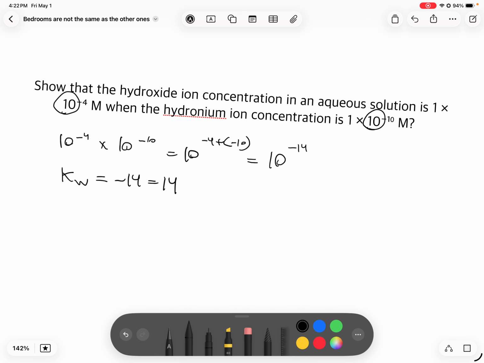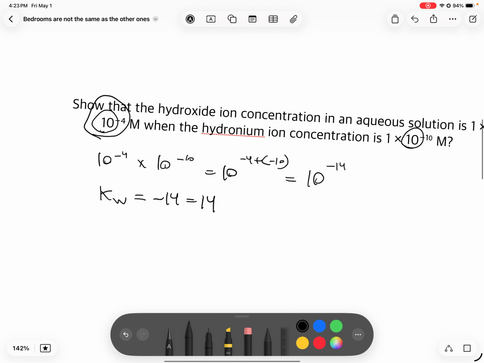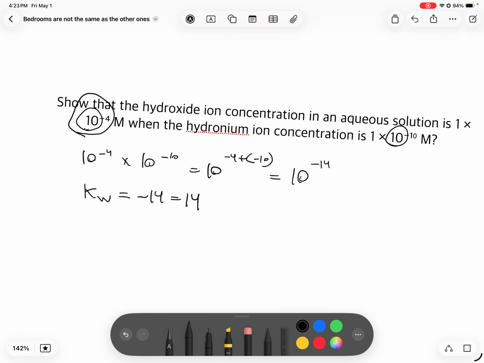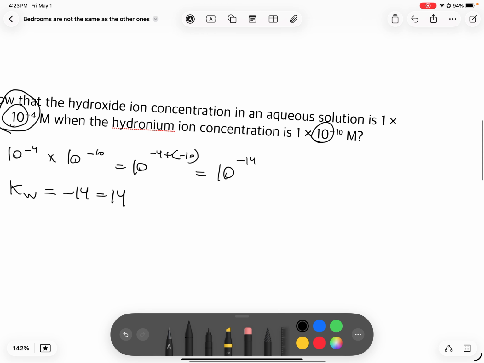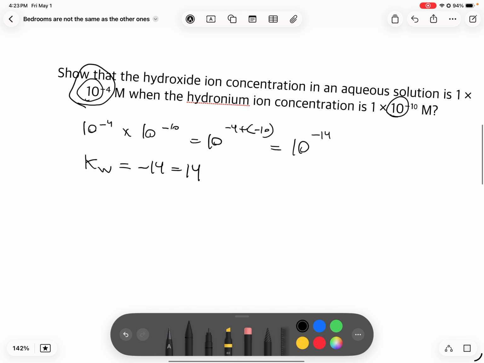Then we always take the negative logarithm, so negative 14, invert that, and you get 14, which is the Kw constant. So we've demonstrated that we must have the hydroxide ion concentration of 10 to the negative 4 moles when we have the hydronium concentration of 1 times 10 to the negative 10, because this equation is what gives rise to that.